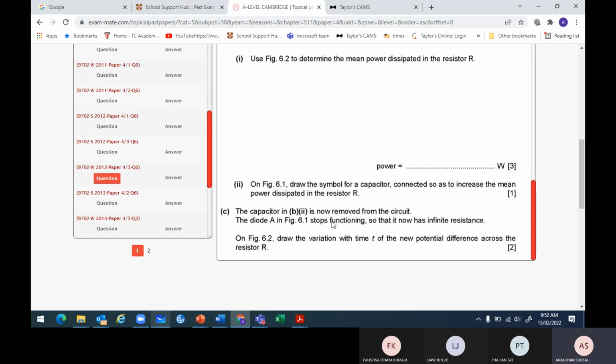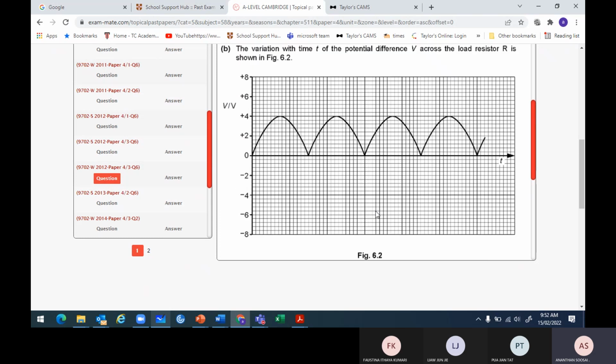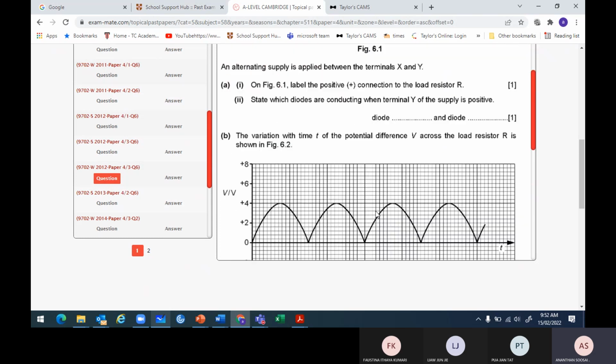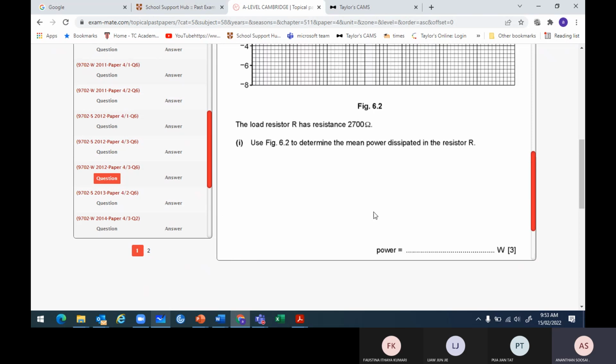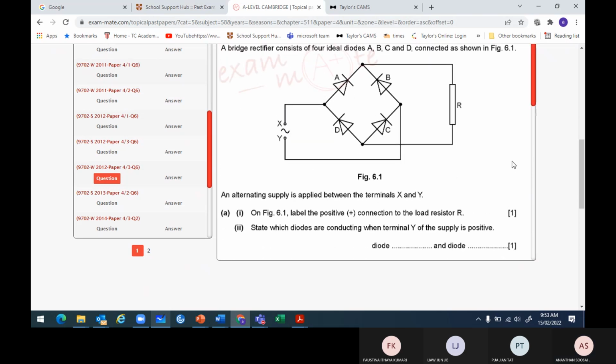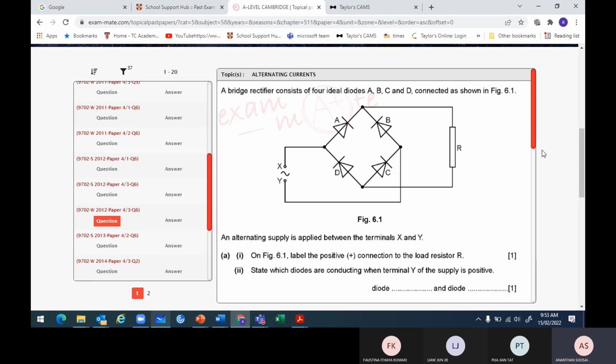Now no capacitor, and A is spoiled. Diode A stops functioning. So how is the graph going to look? A is spoiled, which means no connection there. No A, so no capacitor. How is the graph going to change?